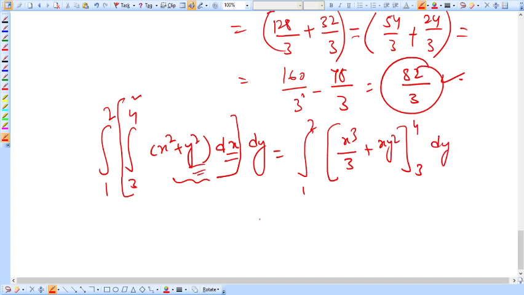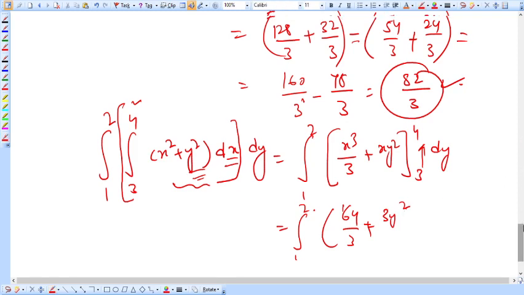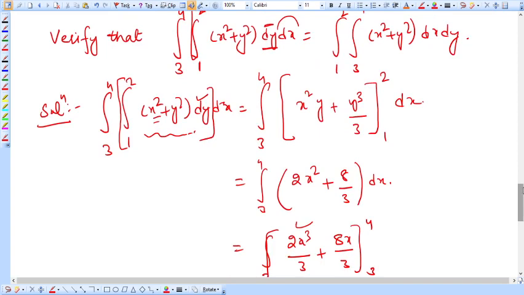Now put the value of x here, so x is varying from 3 to 4. We have done something wrong over there; we forgot to write the value of 1 here, so 1 shall be written here.